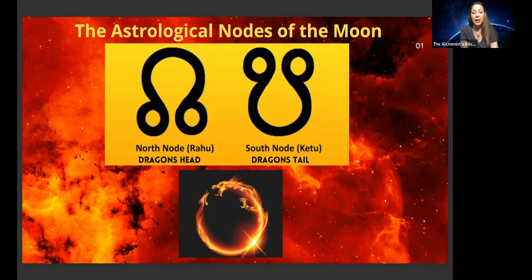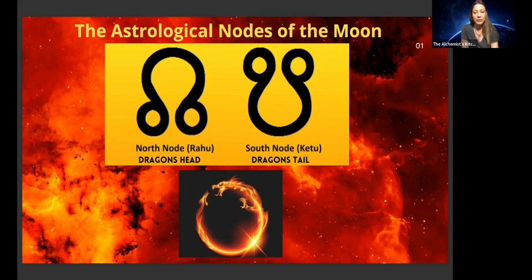And if you see there, there is the Ouroboros in the center, and it's inflamed with fire. And that is because the astrological nodes of the moon are actually dragon energy, they're serpent energy, and they are the energy of fire. And fire is the energy of transformation.